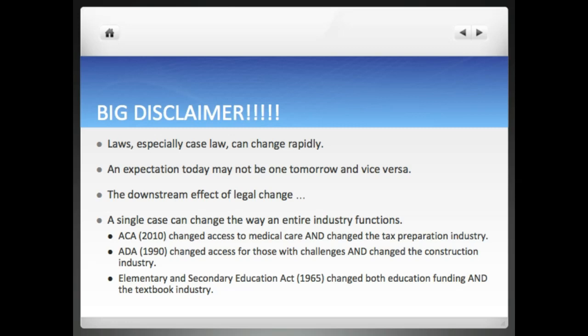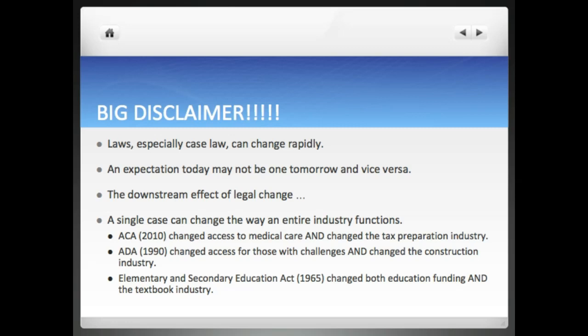And that changed the textbook industry, because students in districts that had very little local financing, primarily in the U.S. South and Appalachia, now had this federal and state funding coming in that evened up the playing field somewhat on the spend per student. And the textbook industry had to ramp up their entire industry to get ready for additional spending, because money was available for places that were using textbooks that were 30 years old.